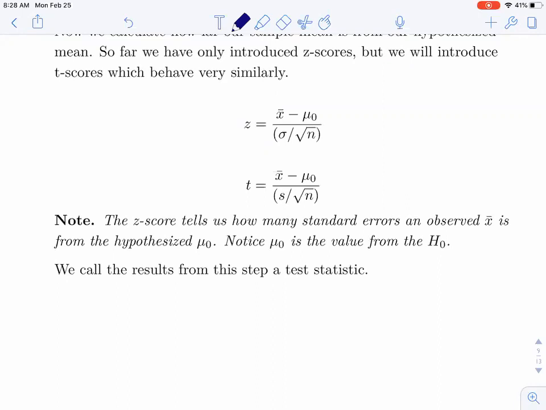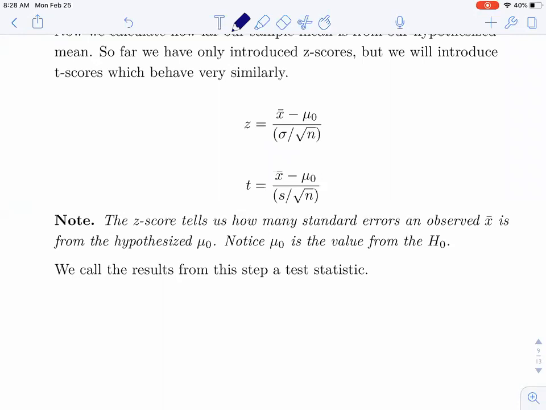Remember what the z-score is. Always kind of keep that in mind. The z-score and the t-score later on just tell us how far your sample mean is from your hypothesized mean, taking into account the spread that you're expecting to see. And because you've already done this, there's not really notes about it.